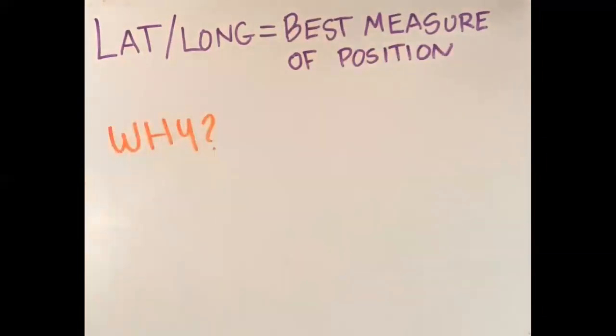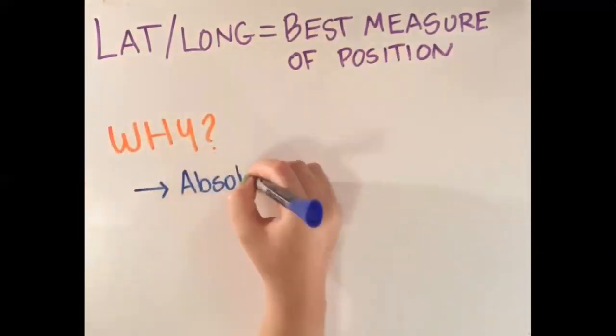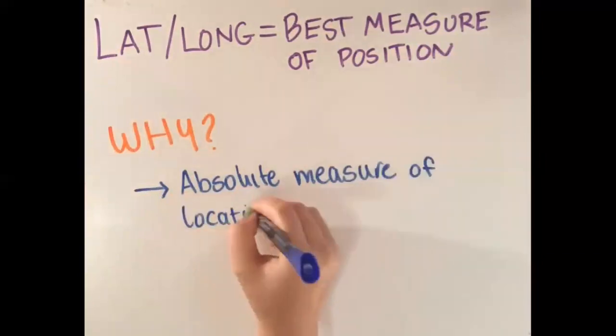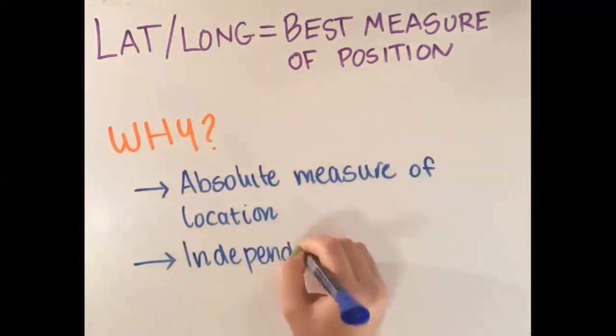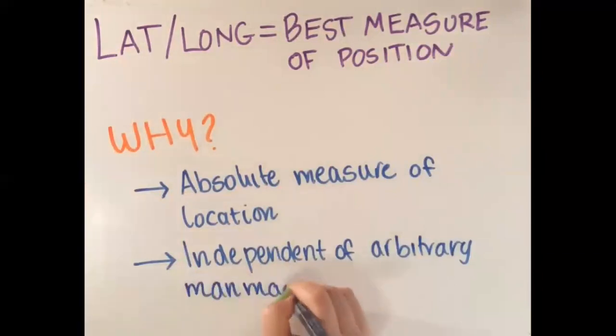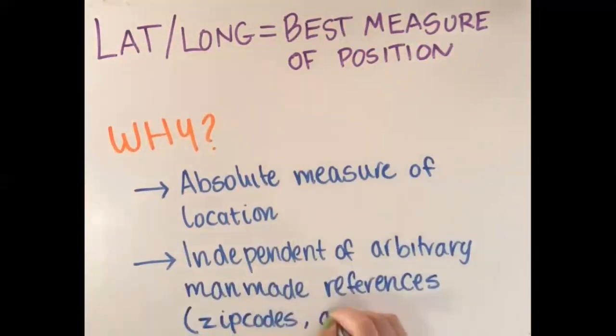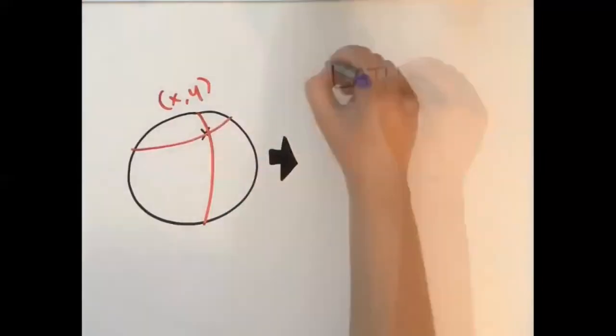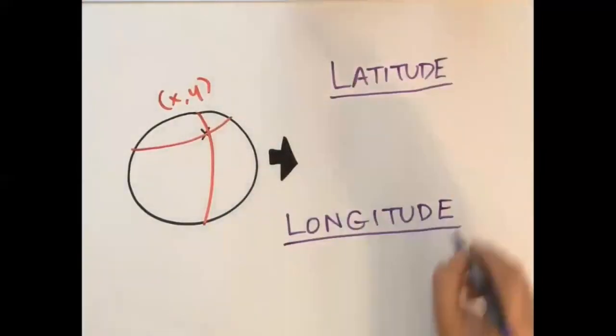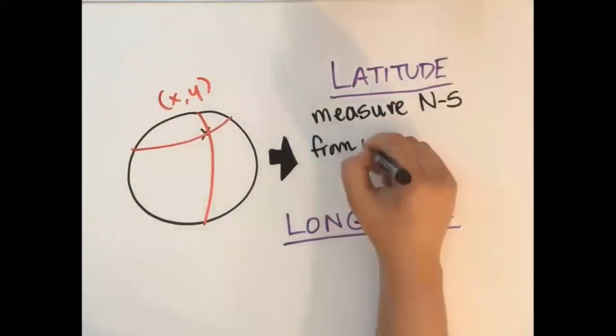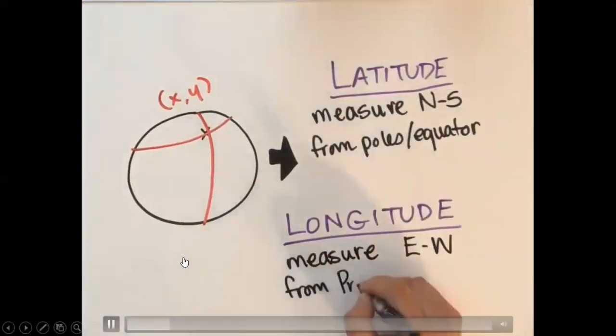They provide us with an absolute measure of position on the Earth's surface. Latitude and longitude do this independently of other arbitrary man-made references, like zip codes and addresses. Latitude and longitude provide XY coordinates for every point on the Earth's surface. Latitude measures this north-south, while longitude does it east-west.